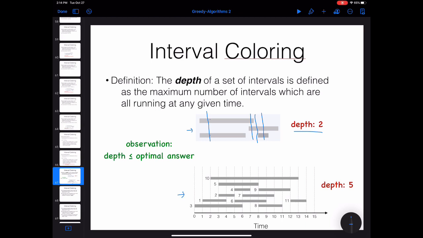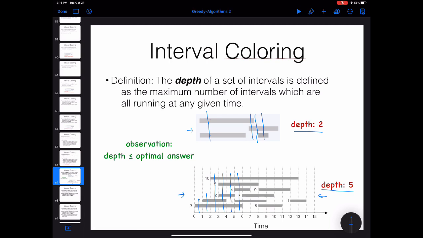If you look at all the times, how many jobs are running here? 1, 2, 3, 4, 5. If you just count at each step of time, you will see that the depth of this set of intervals is going to be 5. This is the maximum number of jobs that are all running at any given time.